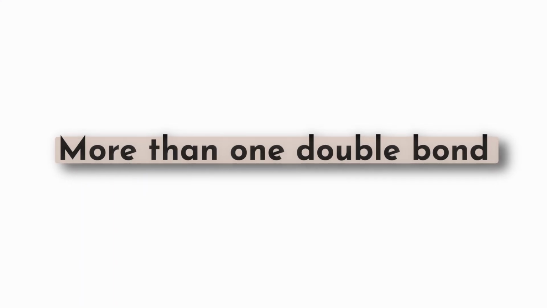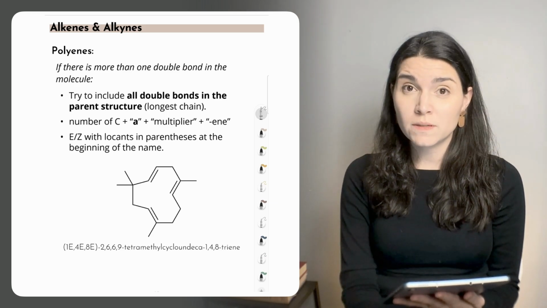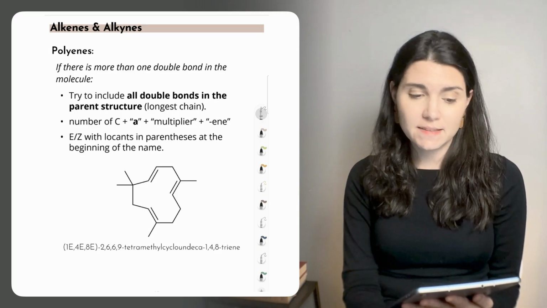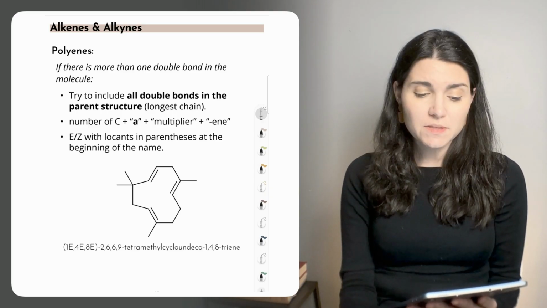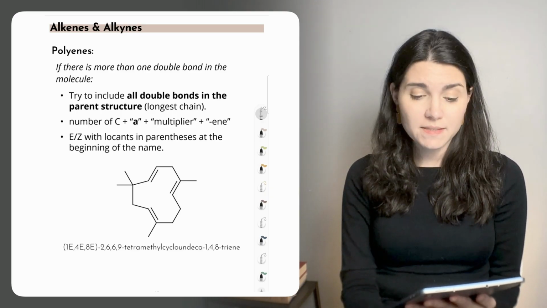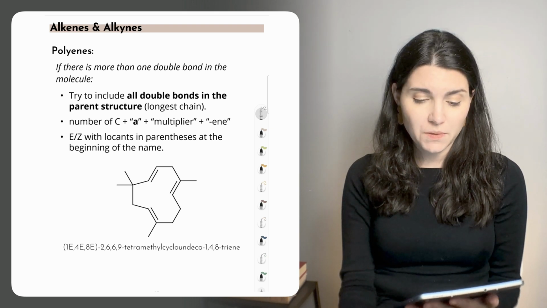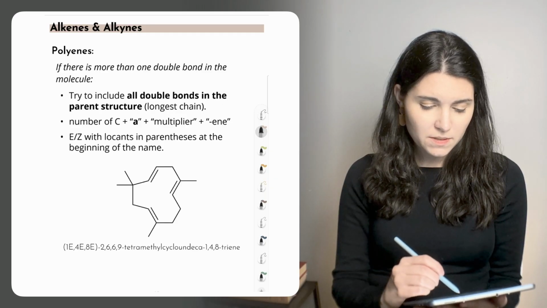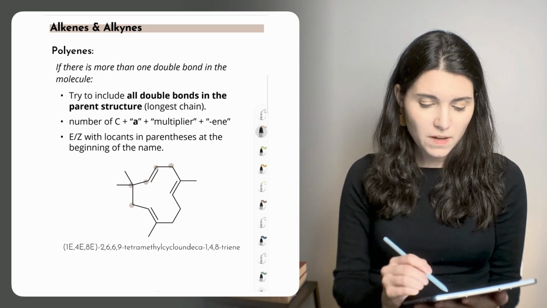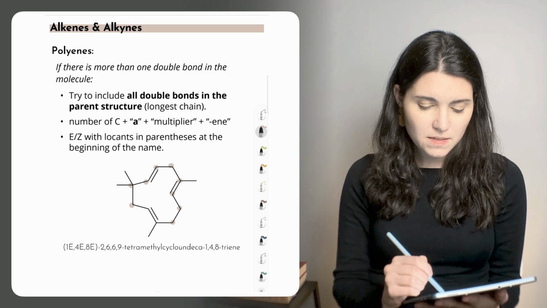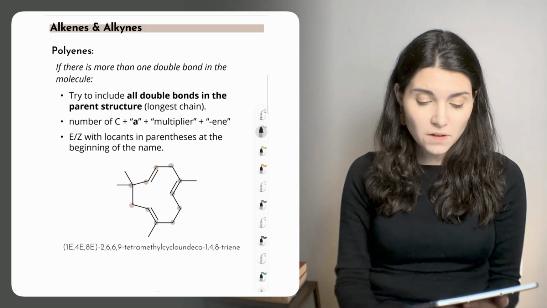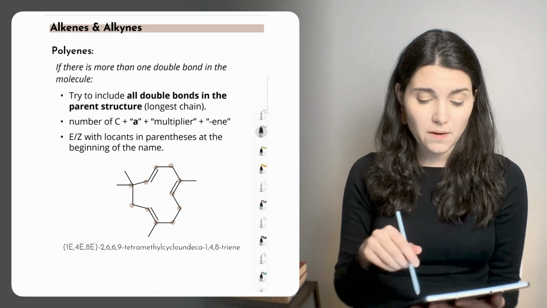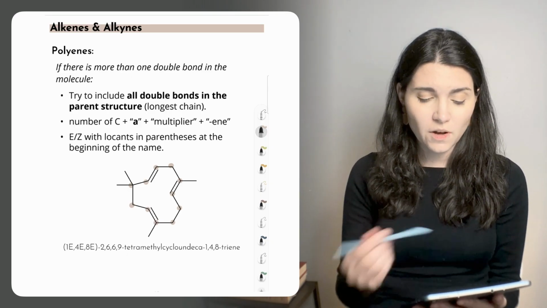Now, if you ever come across a molecule that has more than 1 double bond, here is how you name it. And these structures are called polyenes. So what you would do is you would try to include all of the double bonds in the parent structure. So in this example, we have a cyclic parent, and we've got 1, 2, 3, 4, 5, 6, 7, 8, 9, 10, 11 carbons and 3 double bonds, and they're all included in that parent structure because they're all within that 11 carbon chain.